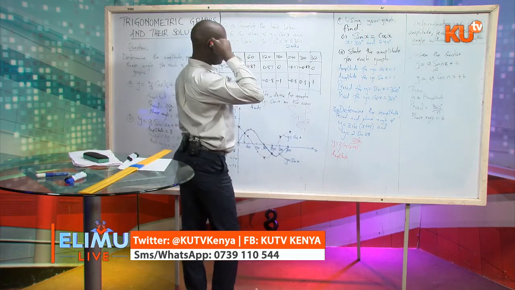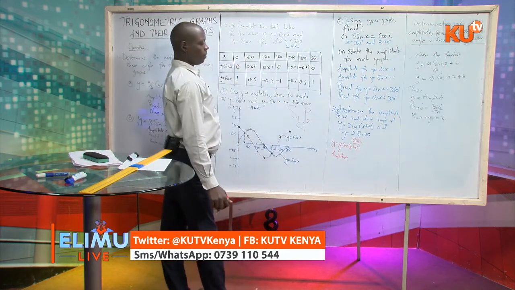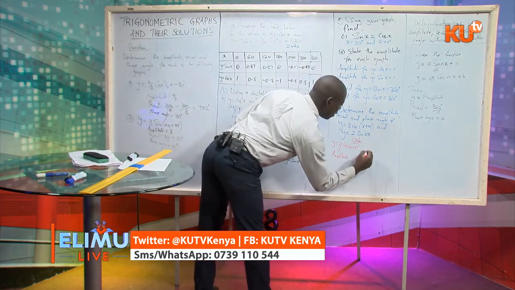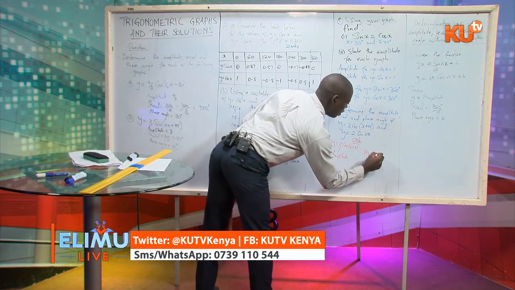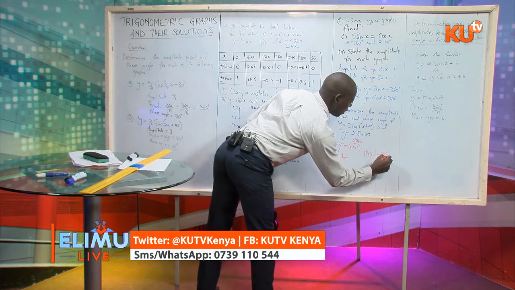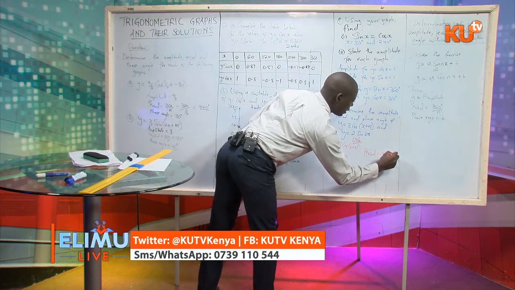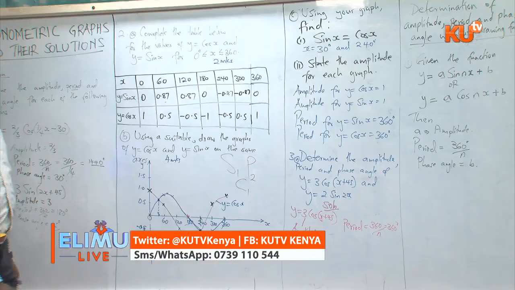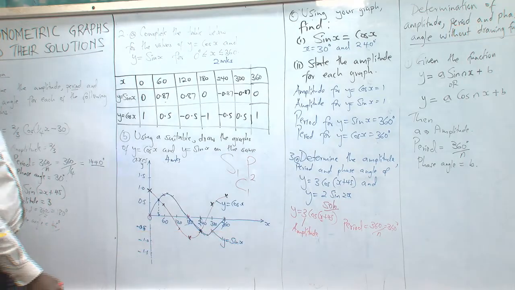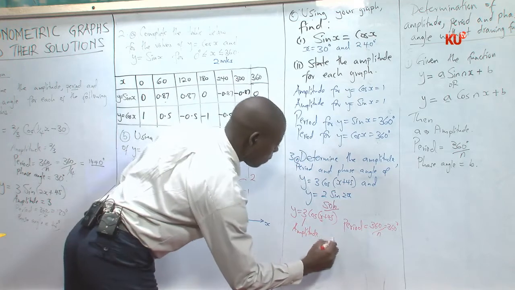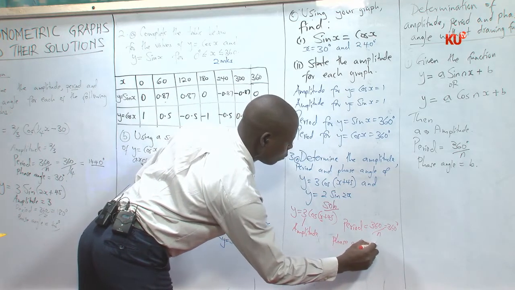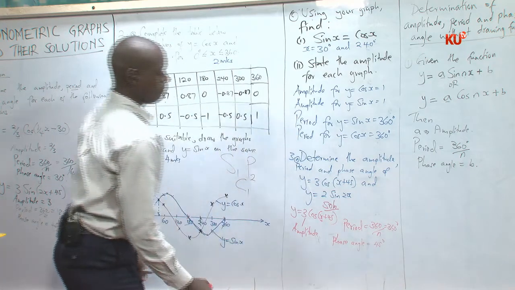And the coefficient of x, which is 1, gives us the value that will help us get the period, which is 360 over n. The coefficient of x is 1, so it's 360 degrees. And the phase angle will be equal to 45 degrees.